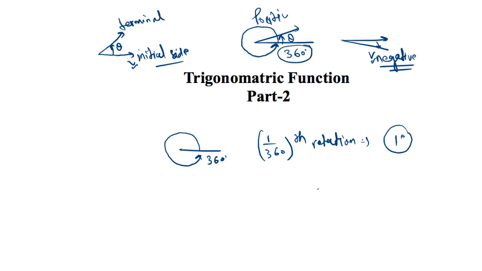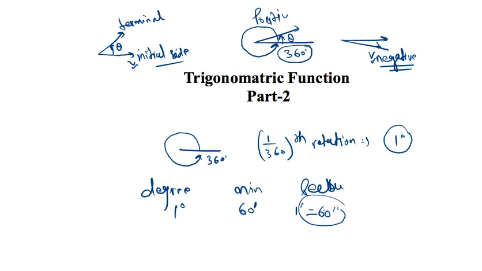Degree, minutes and seconds all have some relation. Keep in mind, 1 degree corresponds to 60 minutes, and the minute sign is this one, and 1 minute corresponds to 60 seconds, and the second sign is this one.